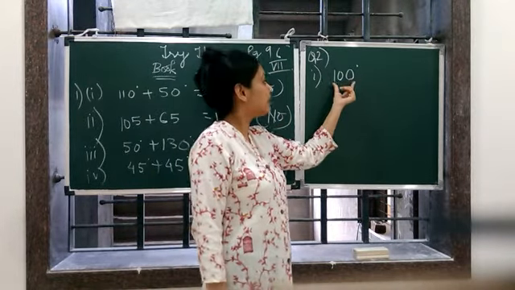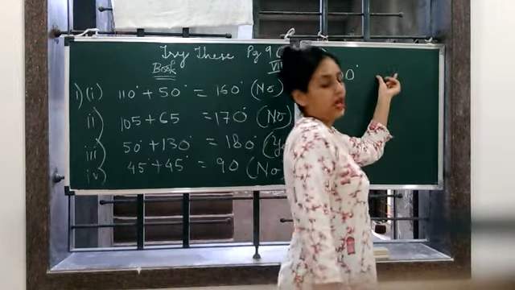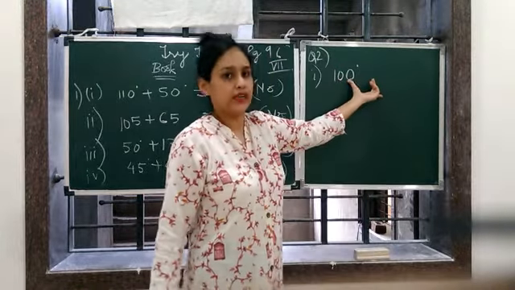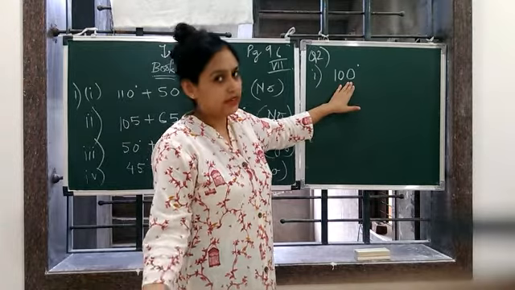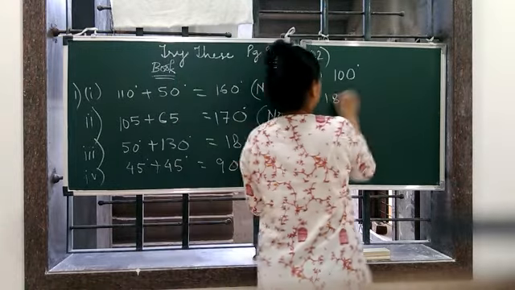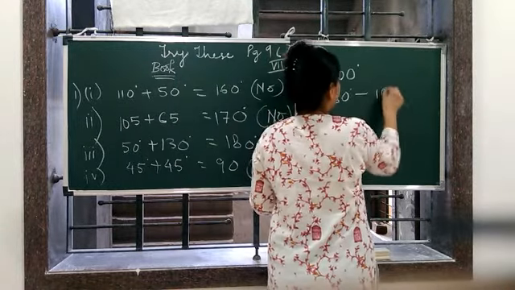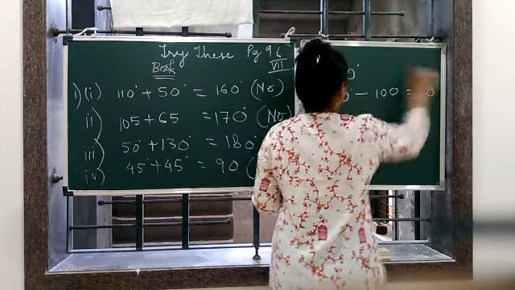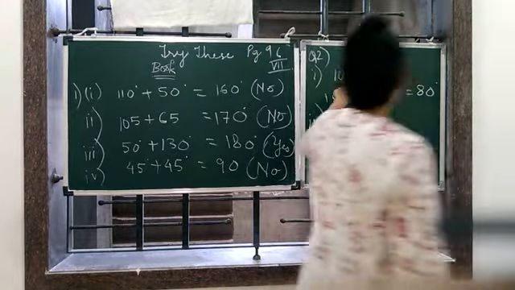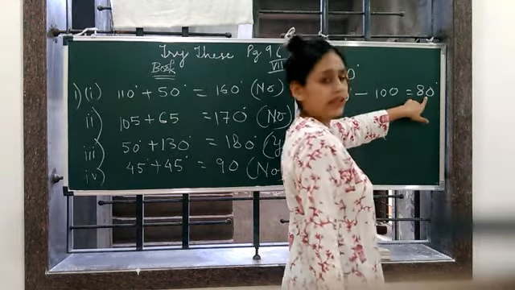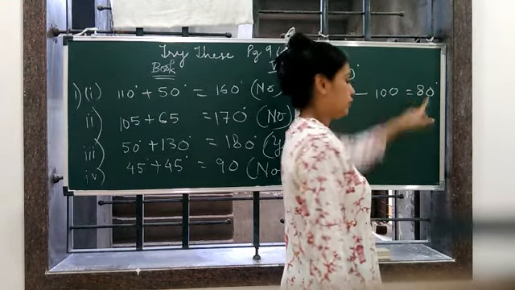Means when we add this and that particular angle, the answer should be 180 degree. Very simple. If we remove 100 from 180 degree, we will come to know. So what to do? 180 minus 100. So answer is what? 80 degree. Okay, means 100 degree angle and 80 degree angle are supplementary.